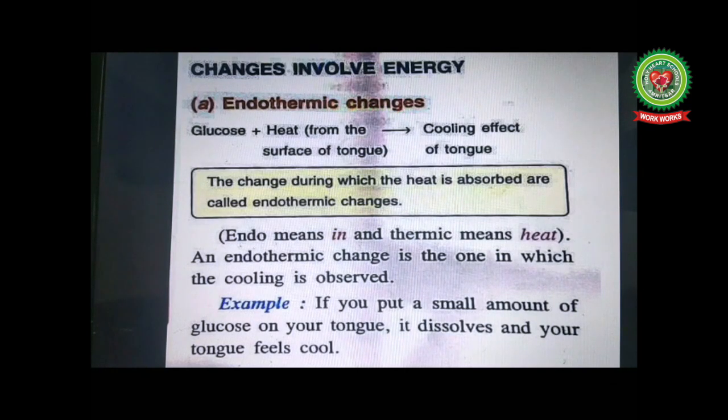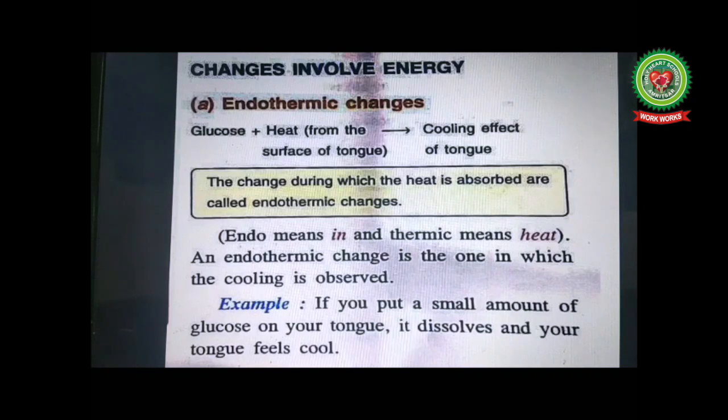Underline the word absorbed. Endo means internal, and thermic means heat. So, an endothermic change is the one in which cooling is observed. Example, if you put a small amount of glucose on your tongue, it dissolves and your tongue feels cool.